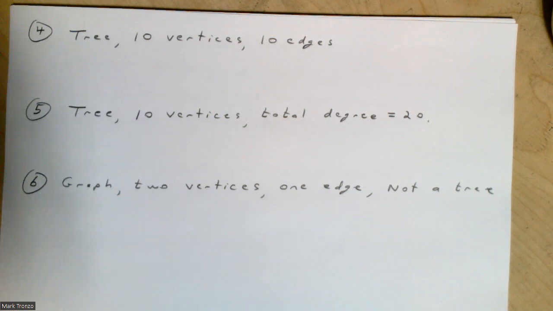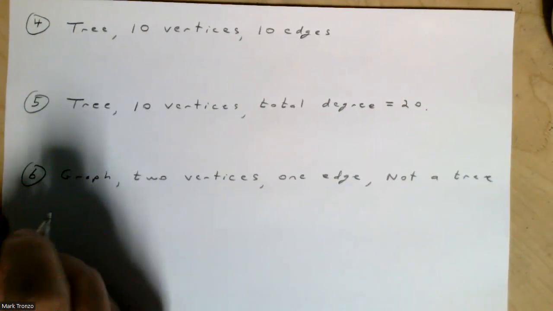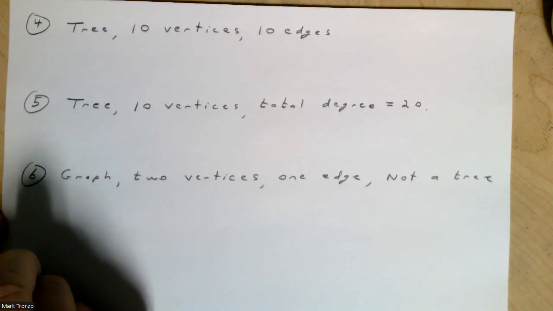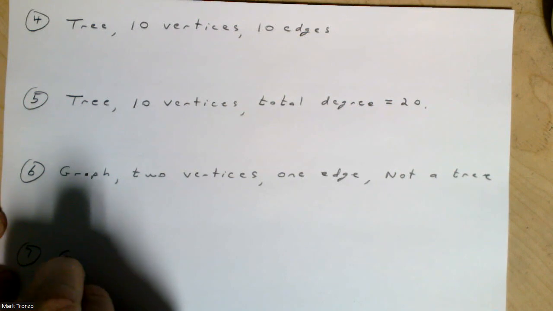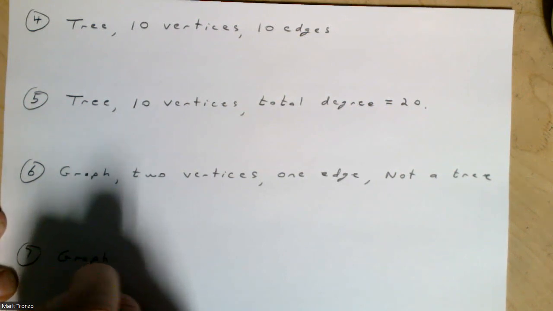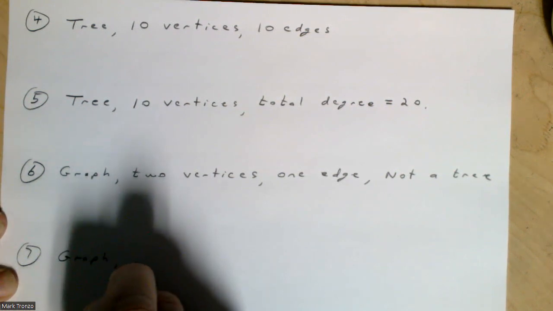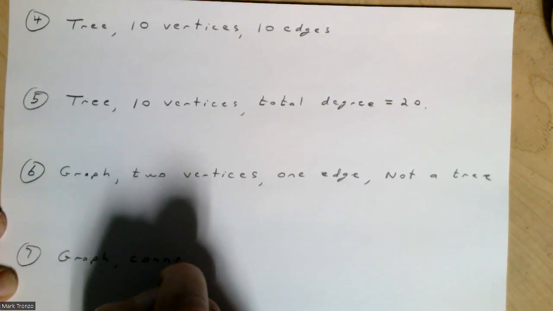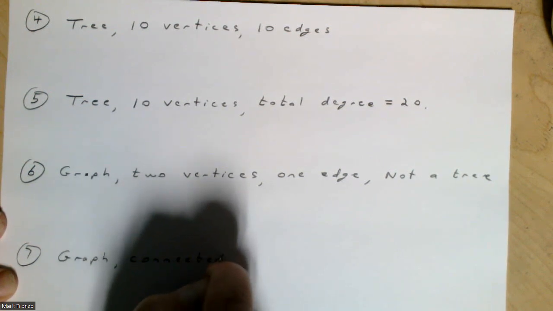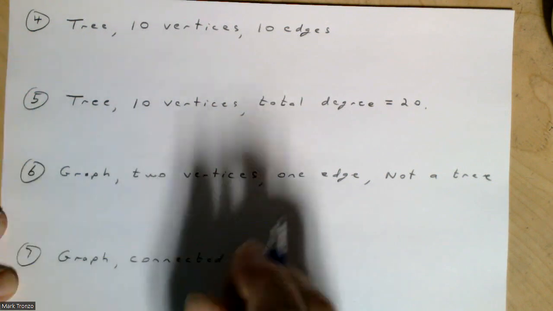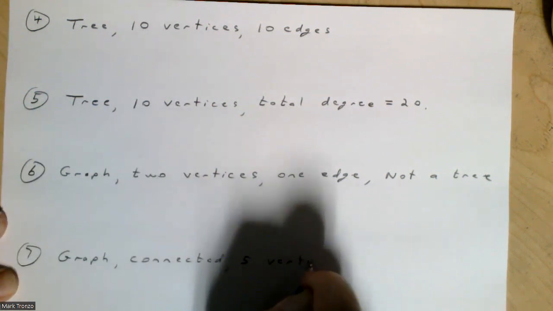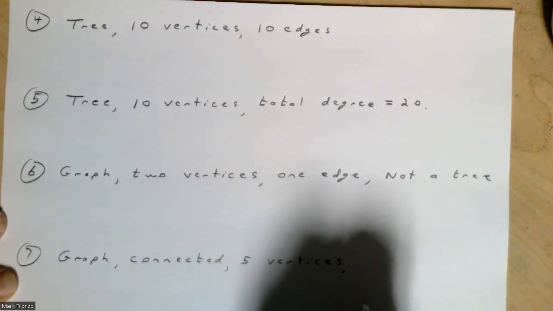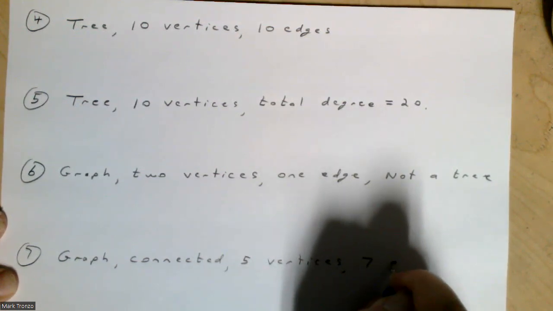And let's go to another one here. Number 7. A graph. It's connected. 5 vertices, 7 edges.